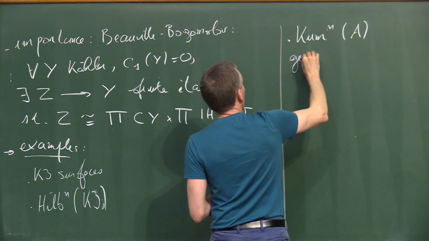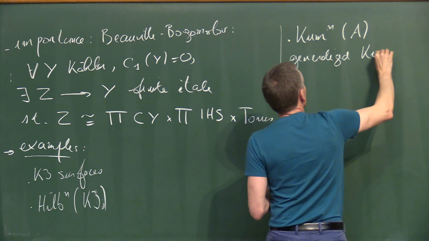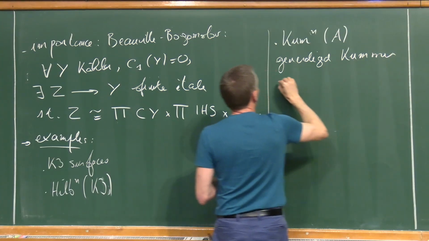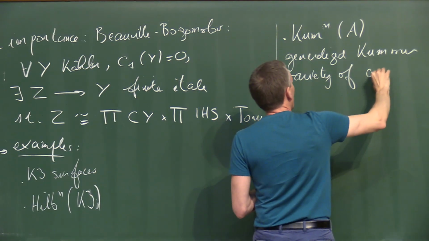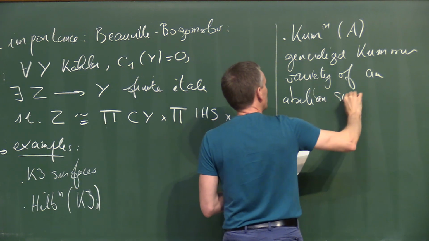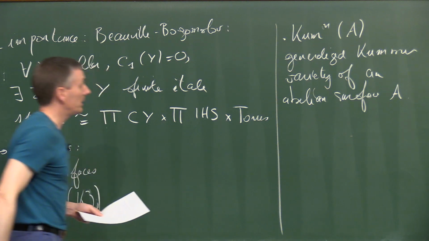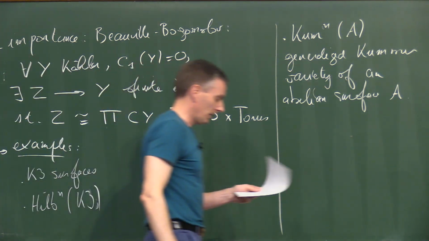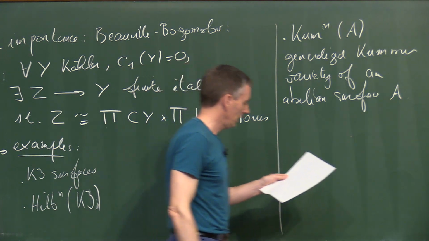So this is a generalized Kummer variety of an abelian surface A. For me, everything will be projective in this talk. Let me recall the construction that Alessandra already explained.